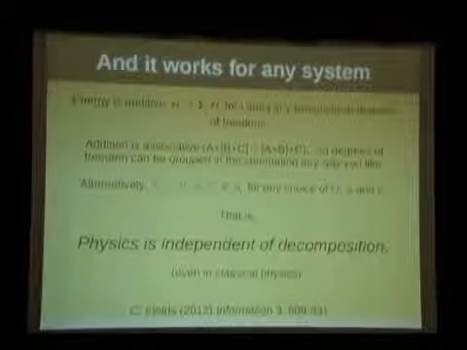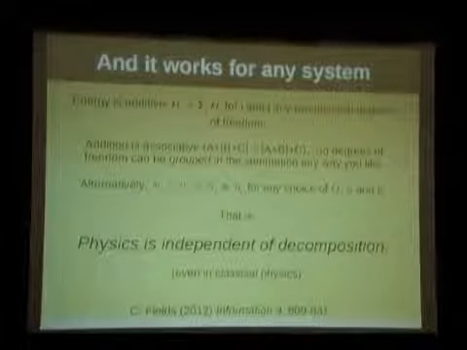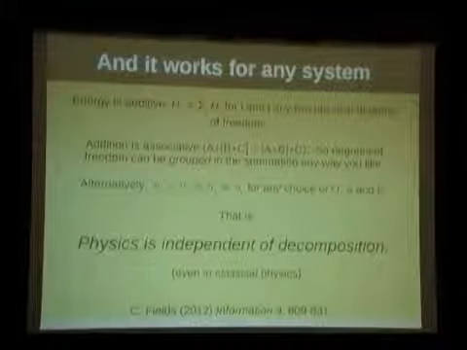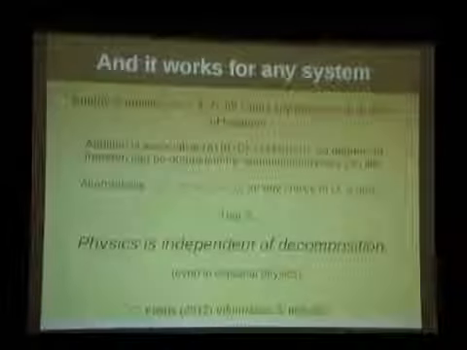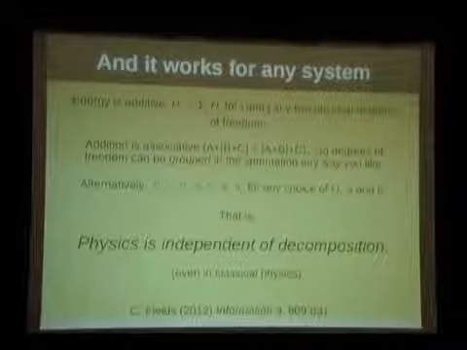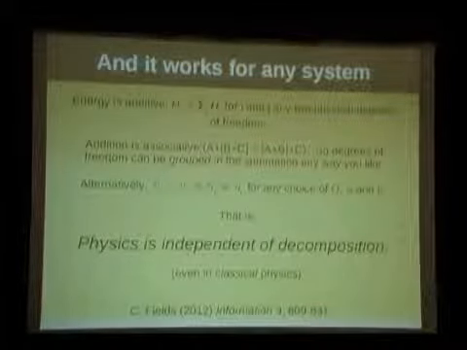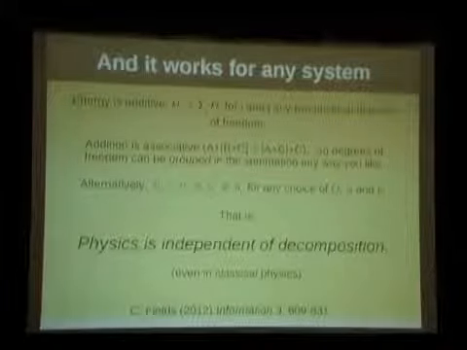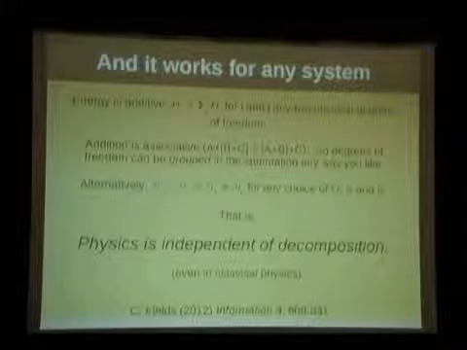And it, moreover, works for any system you please. So if I write down the Hamiltonian of the universe, I can break that up into a sum of terms that talk about the interaction between every pair of things there are at some level of description that I have to keep fixed so I don't overcount. And then I can rearrange that sum any way I want. I can draw parentheses any place I want.